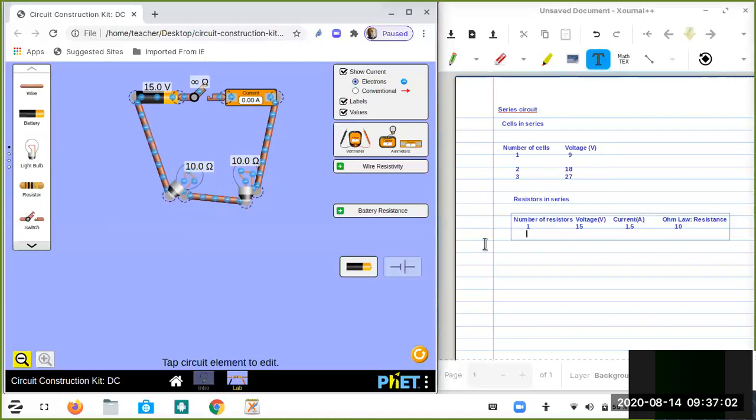So we are going to check and see what happens if we are having two, how much is the voltage in the circuit. And we are also going to measure the current. So the voltage is still what? 15. It didn't change. We did not change it. Right, the voltage is 15.